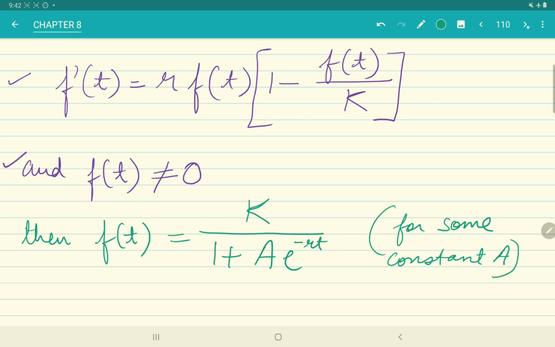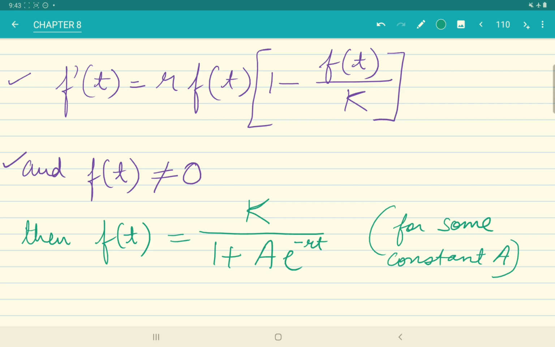Now let's say, as I said, f(t) is not equal to 0. The number f(t) denotes the number of individuals in the population at time t. It's never the case that it's just 0. So if we assume that f(t) is not identically equal to 0, and I also take into account the fact that population grows exponentially in an approximate sense till the time we reach k, after that the per capita rate of increase turns negative.